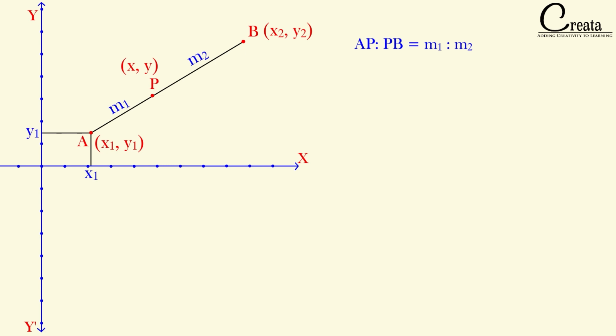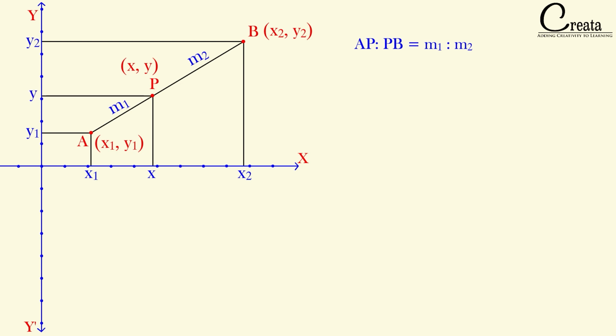Similarly, the x coordinate of point B is x2 and the y coordinate of point B is y2. The coordinates of P are (x, y), so the x coordinate of point P is x and the y coordinate of P is y.